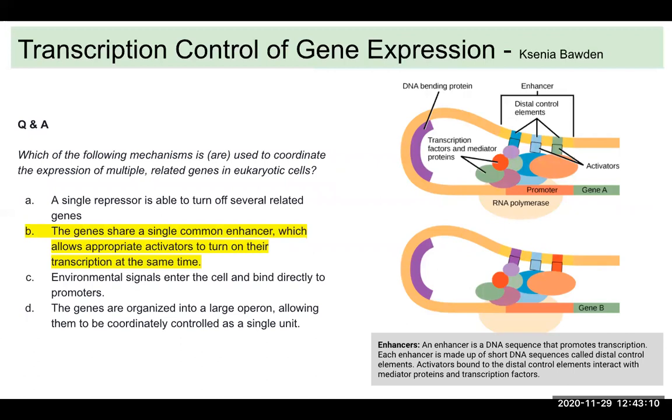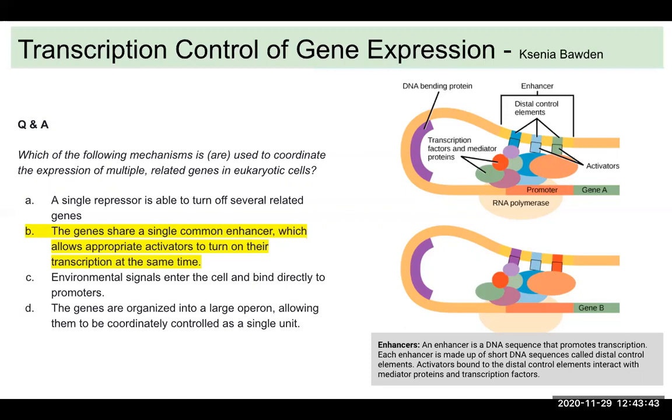Genes share a single common enhancer, which allows appropriate activators to turn on their transcription at the same time. The enhancer is a short region of DNA that can increase transcription of a gene. Enhancers can be located upstream of a gene, within the coding region of a gene, or sometimes downstream of a gene, and they promote transcription.